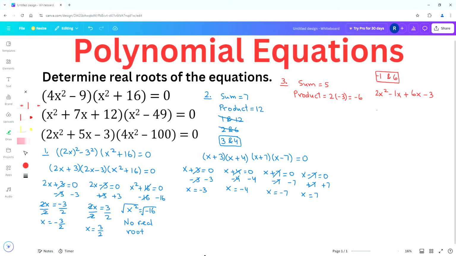Next we can use the grouping method. We can pair up the first two terms and the last two terms. We can do common factoring from each pair. We can factor out an x from the first pair, and we can factor out a 3 from the second pair.